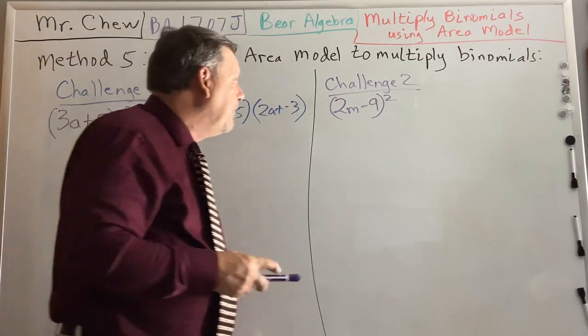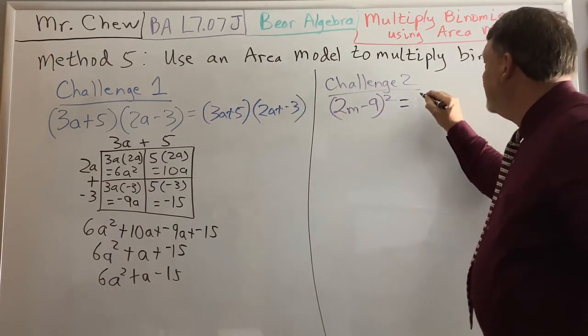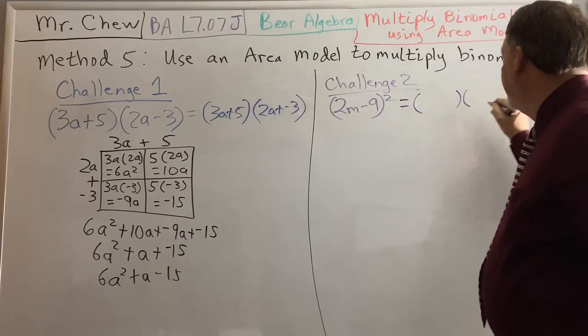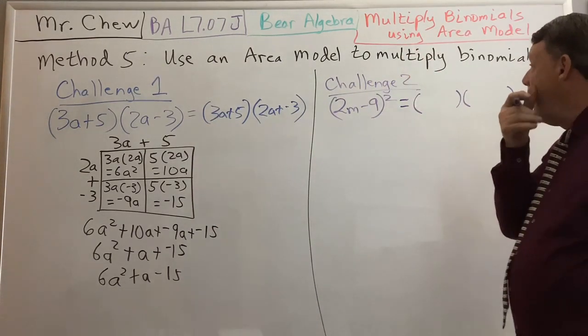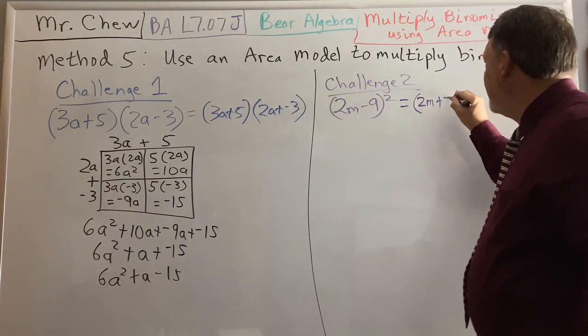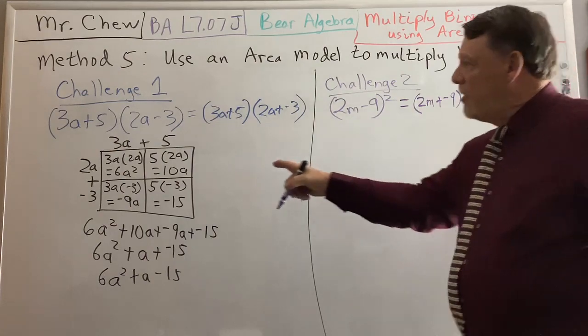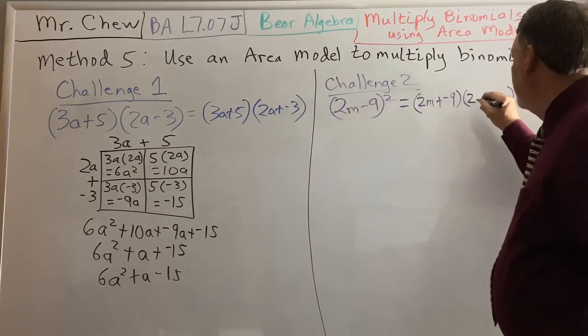Now the very first thing I would do here is rewrite this as a product of 2 so I can draw my area model. But instead of minus 9, I want to change that to plus a negative 9. Because I want to put plus signs. It's the way we've done it since the very first one I showed you.